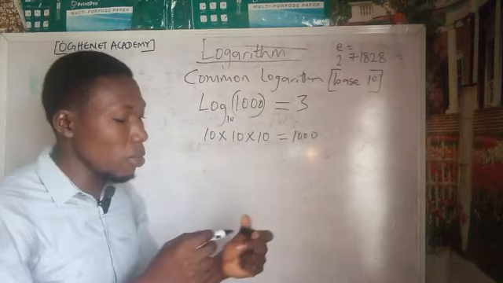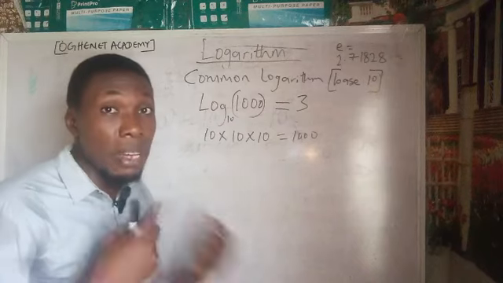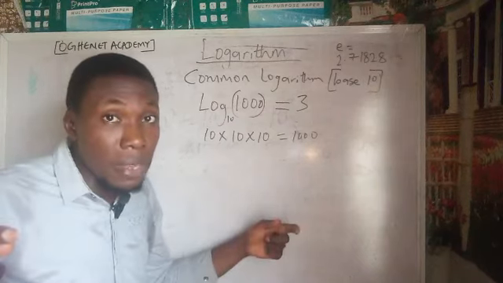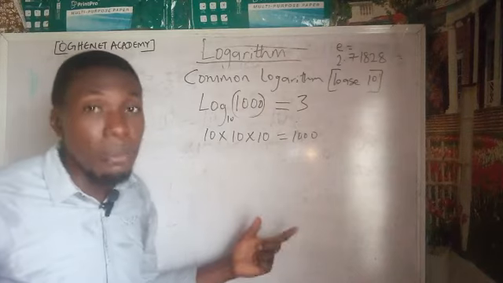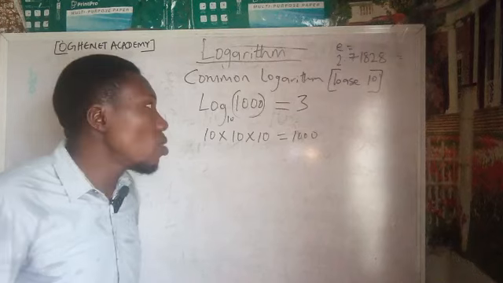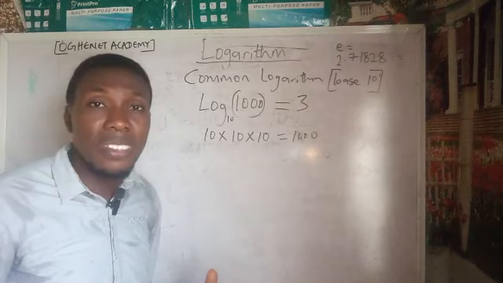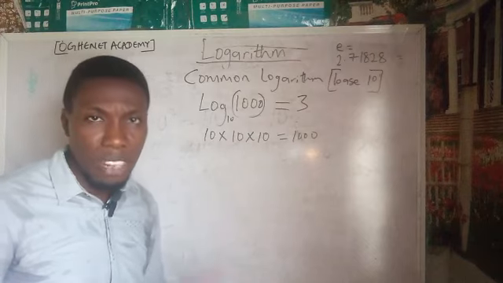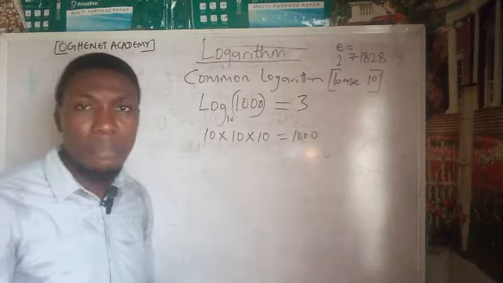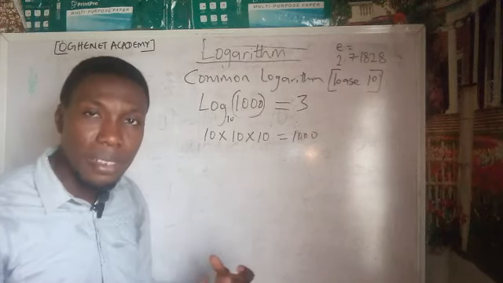So this is the common logarithm of 1000. Now imagine you have 1 million and say the logarithm of 1 million. How many zeros are in 1 million? 6, right? So the common logarithm of 1 million will be 6. You can see that those large numbers have actually been compressed to something that you can easily calculate.